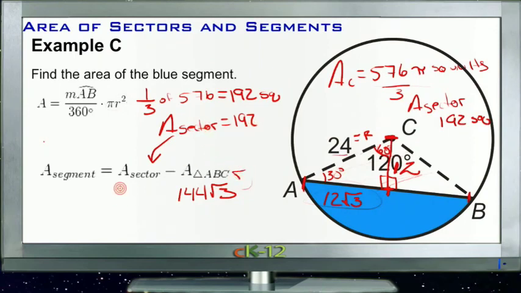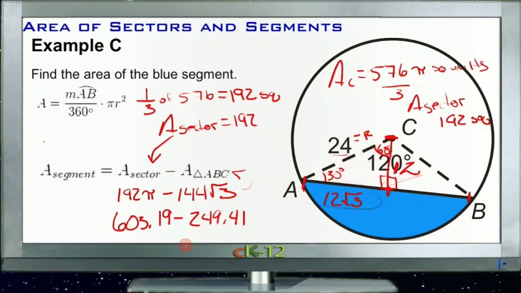The area of our sector was 192 pi. So we're going to have 192 pi minus 144 roots of 3. And if we run all that through a calculator, 192 times 3.14159 gives us 603.19 minus, and then 144 times the square root of 3 is 249.41.